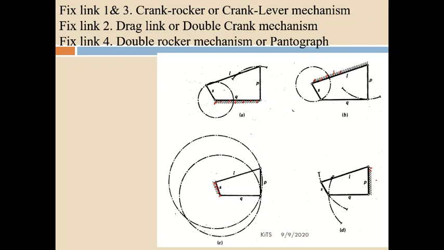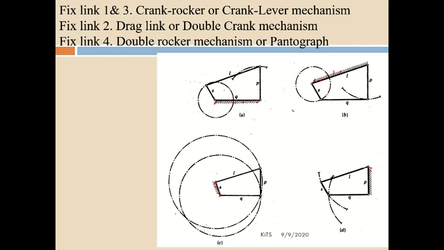From one basic mechanism, we can get a lot of mechanisms by changing the fixed link, by changing the shape, or by connecting some extra portions.